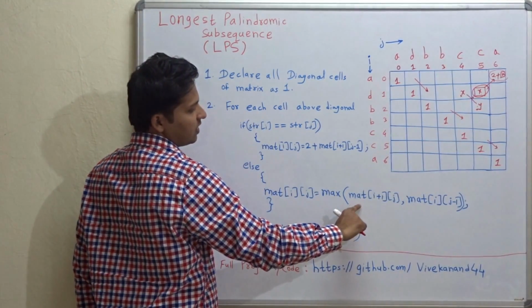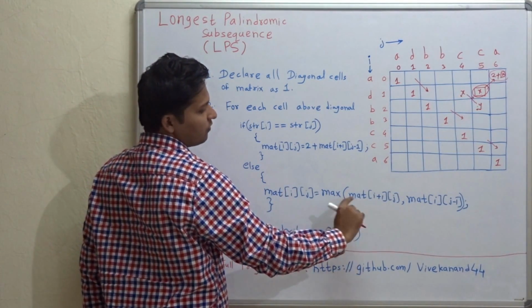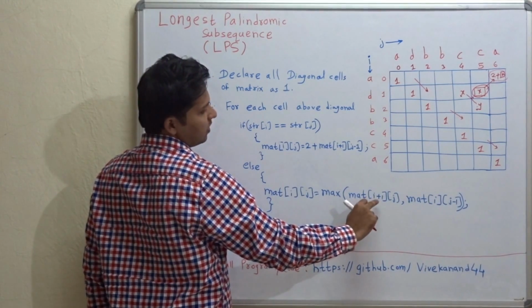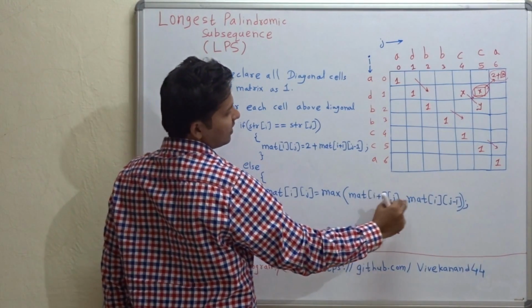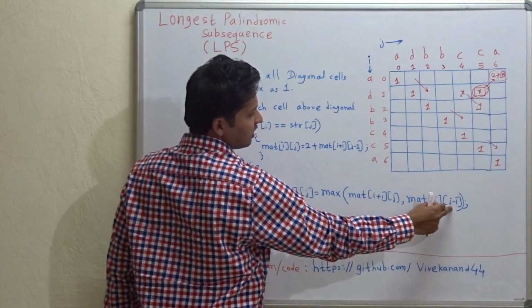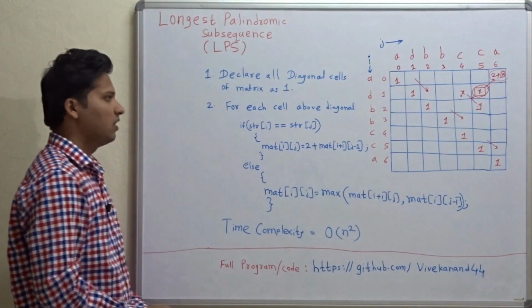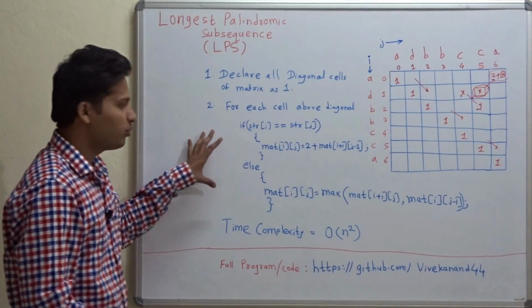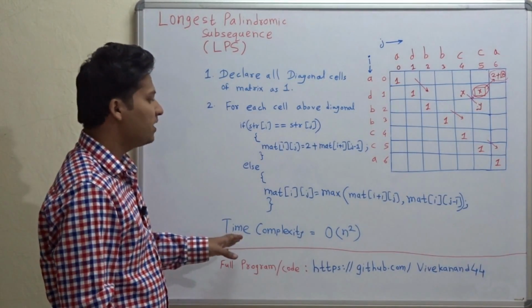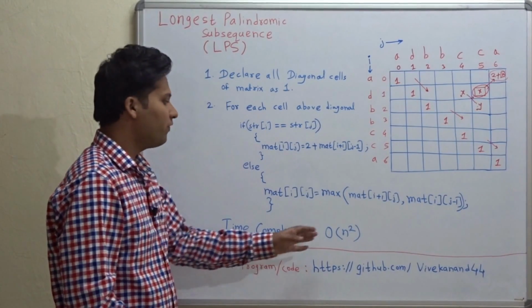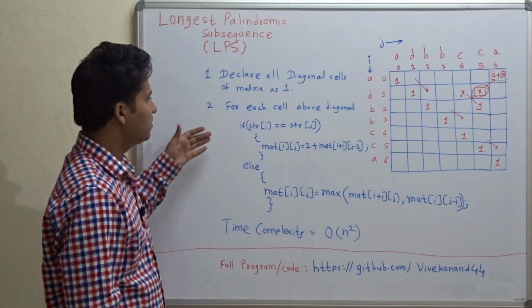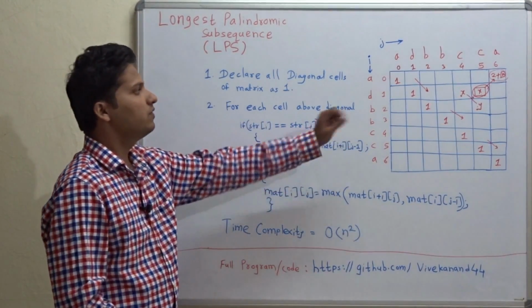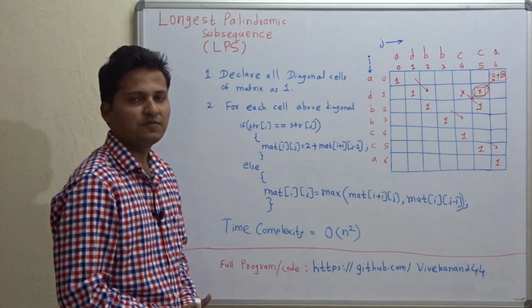So here we can write it as max of matrix of I plus 1 j and matrix of I j minus 1. So this is the formula for the code or for the program, and the time complexity of the program is O of n square due to the two for loops we use for tracing the matrix.